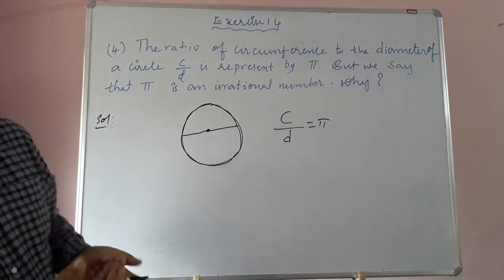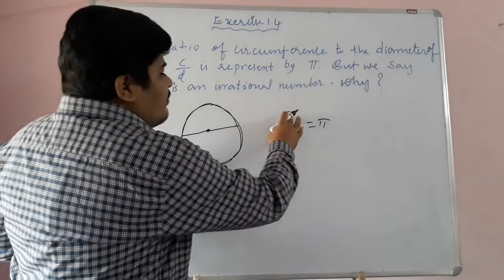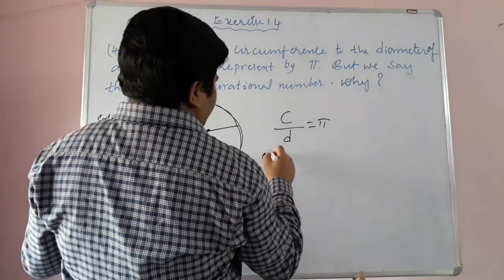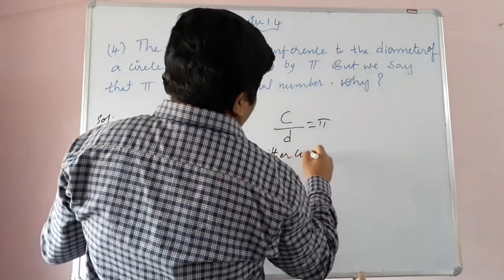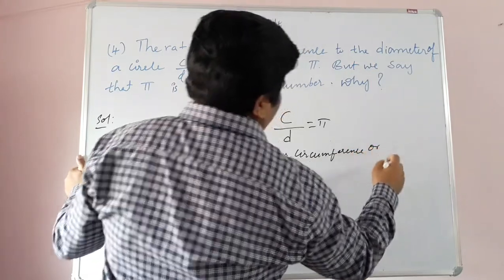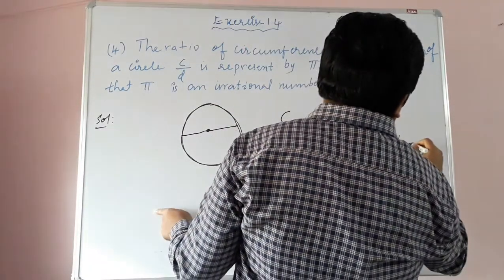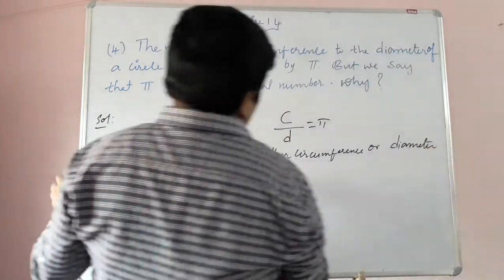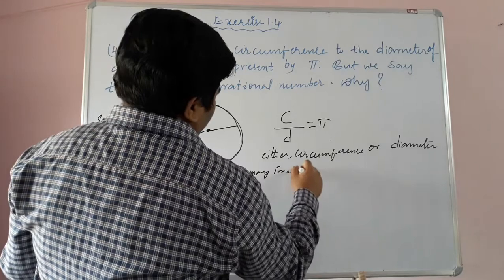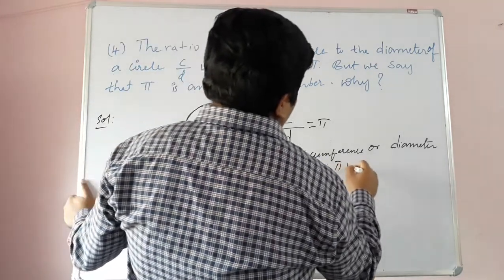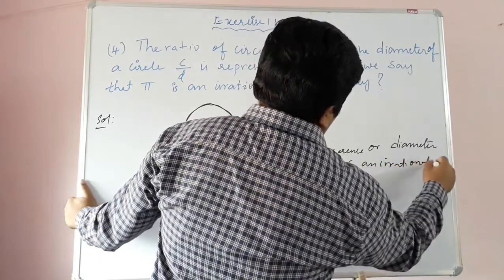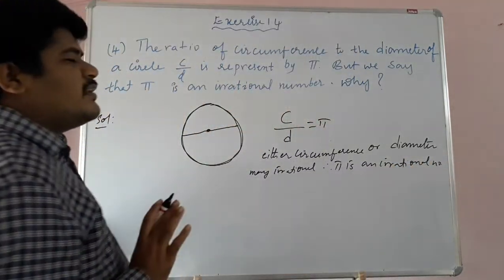So students, here either the circumference or the diameter may be irrational. Therefore, pi is an irrational number. So this is the result.